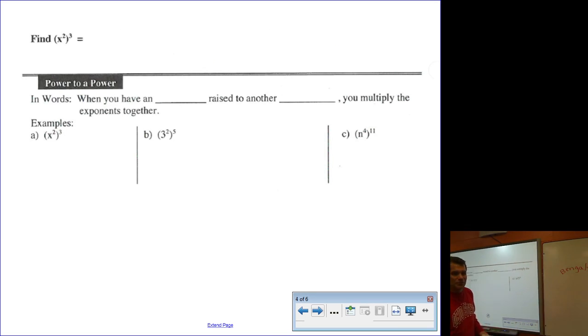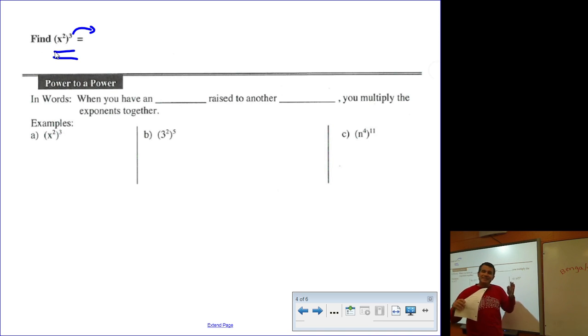Let's look at our next rule. Our next rule is for problems like this. Now, the first thing I might do with this problem, x squared to the 3rd power, is try to write it out in expanded form. This exponent of 3 is telling me to take the x squared and multiply it times itself 3 times.